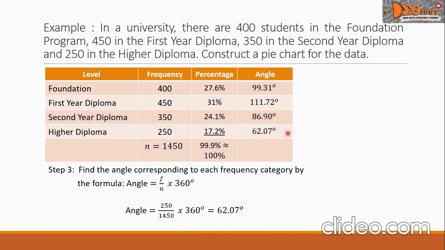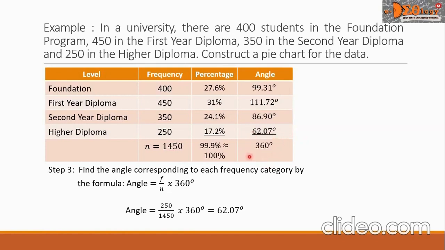And the last blank is equal to 62.07 degrees. This comes from 250 divided by 1,450 times 360 degrees. And the value is written here. Now let us take the summation of this column, and we will have the answer 360 degrees.